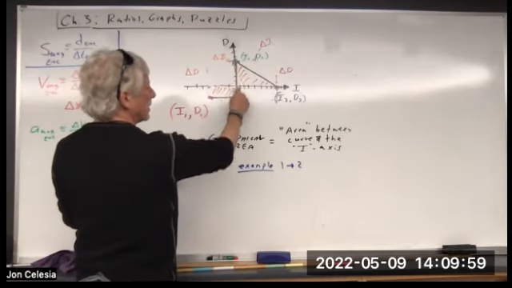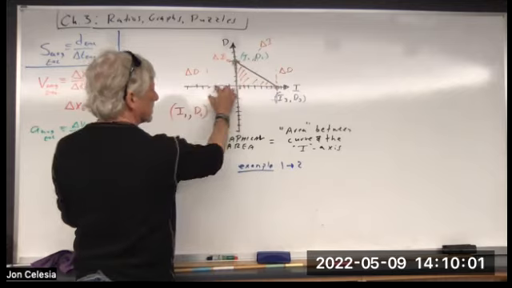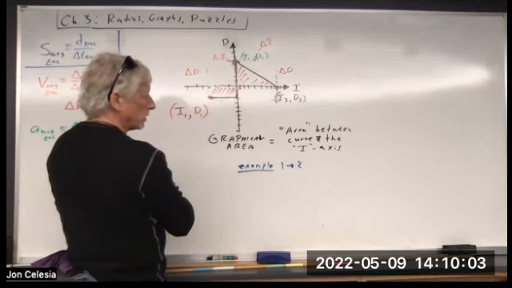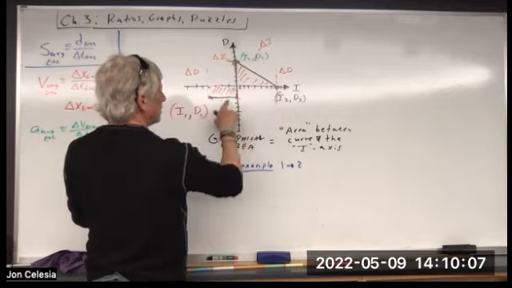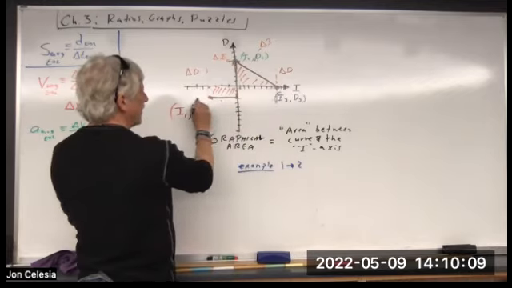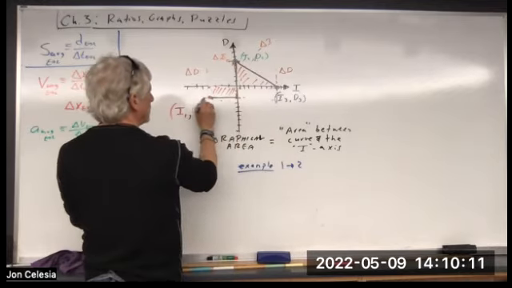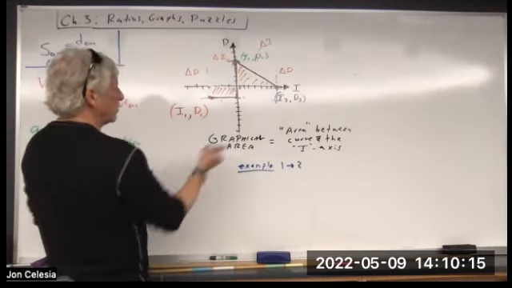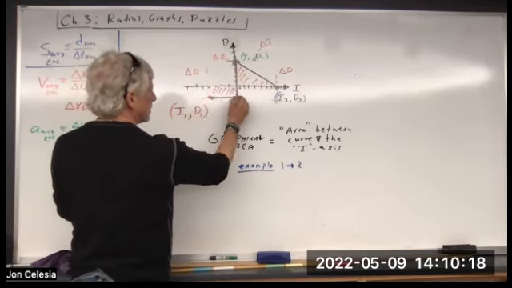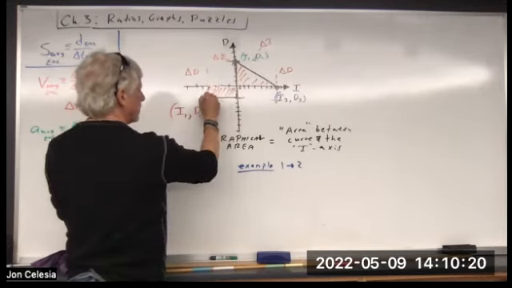This has no area because it's straight up. It's just going to be that part right there. And that would equal this value, which is D1, from there to there.